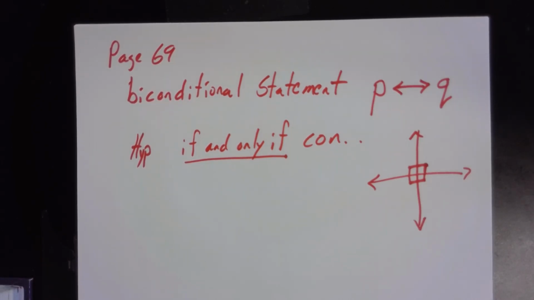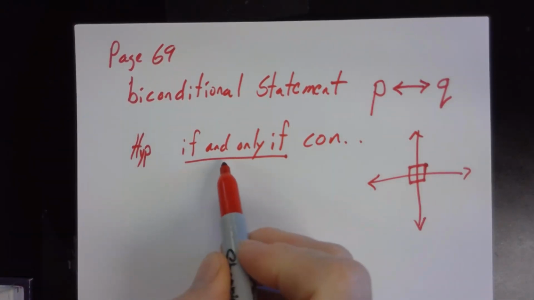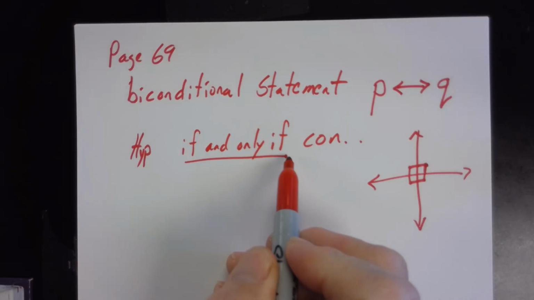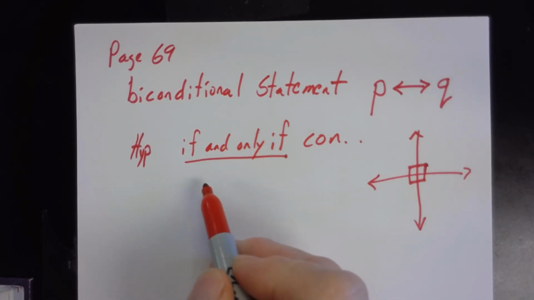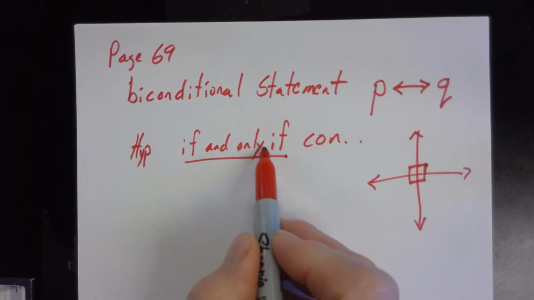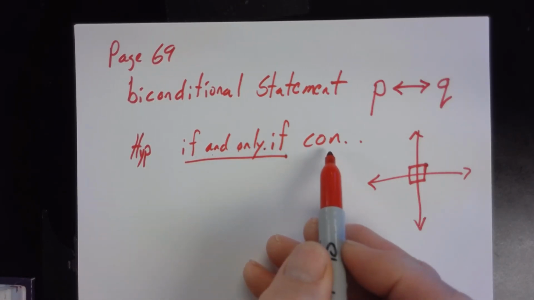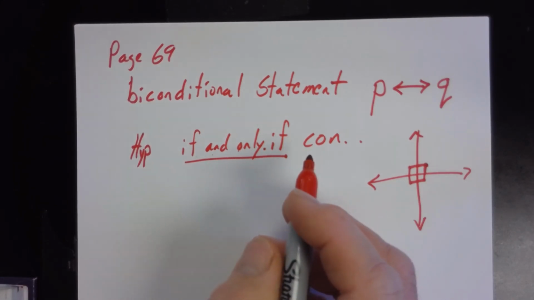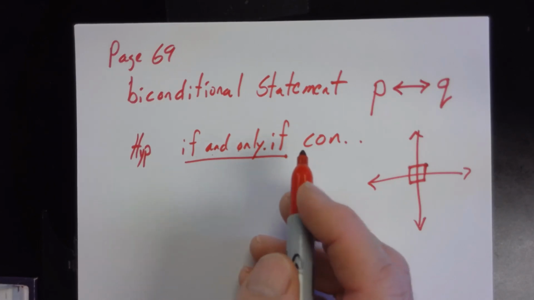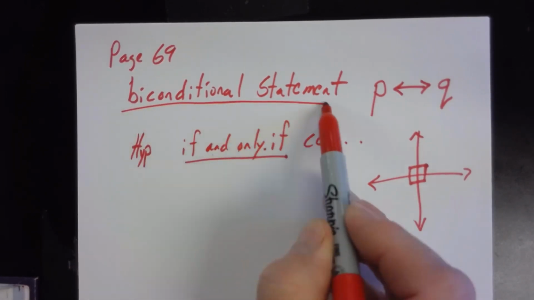So if the original statement and the converse are both true, that means all the statements are true, and it can be written as a biconditional statement. So you could say an angle is a right angle if and only if its measure is 90 degrees. Okay, so the original statement and the converse both have to be true, and then you can write the statement as a biconditional statement.